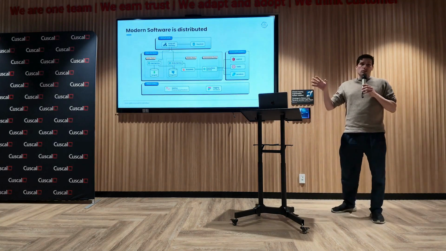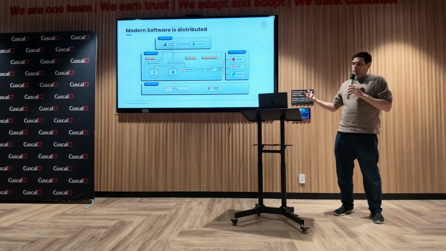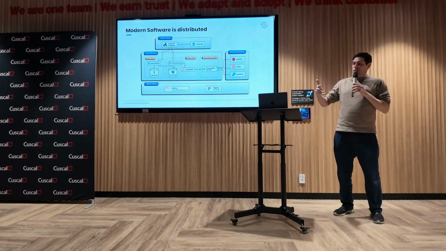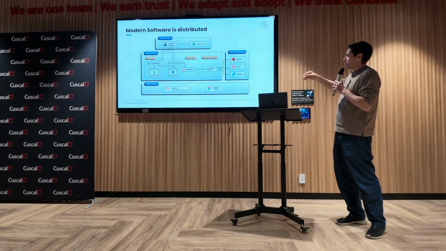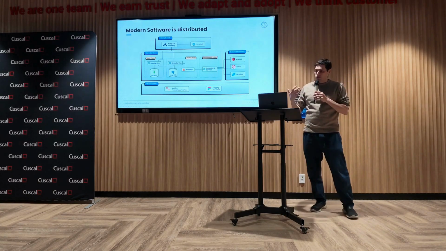This isn't going to be news to anyone, but the way that we build and deliver software today is in this modern distributed architecture where you've got, just as an example here, a number of services, some databases, message queues, authentication, third-party services, and so forth.